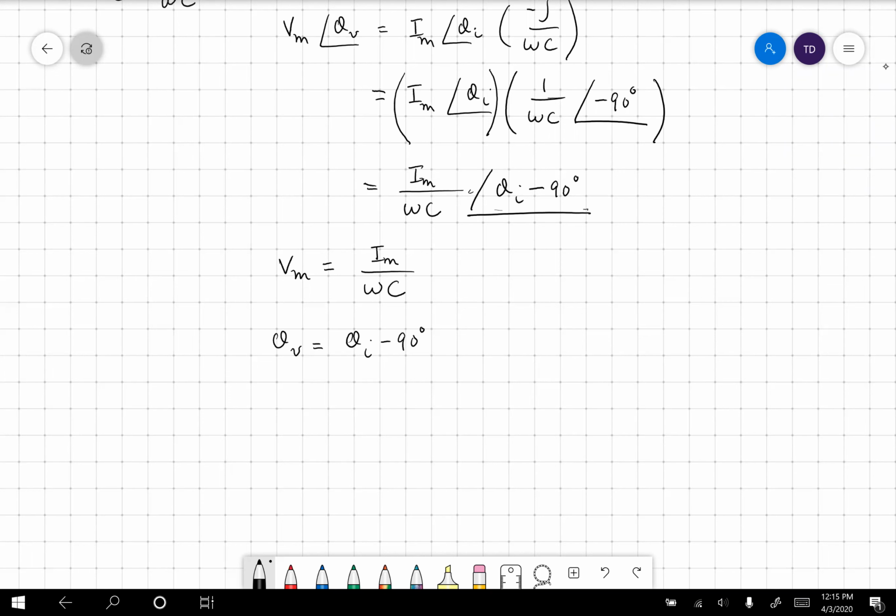Or another way of saying it is the current leads the voltage. Depends upon which one you're talking to. And there's no preferred reference. Like the reference is always the voltage. So always give it with respect to the voltage.